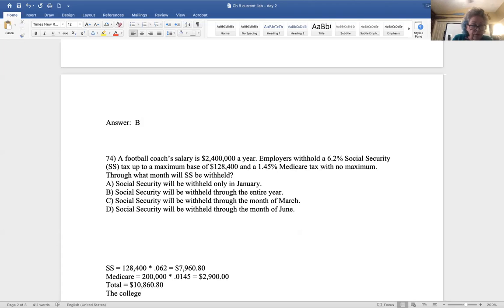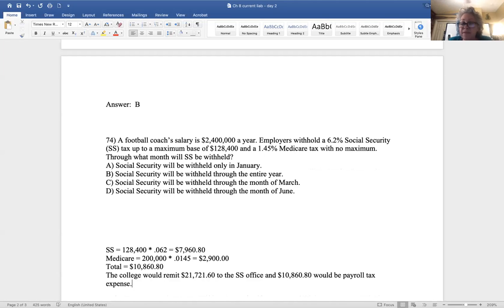Since it was a college coach, the college would remit, and remit means pay, $721.60 to the Social Security office, and $10,860.80 would be payroll tax expense. Does that make sense?